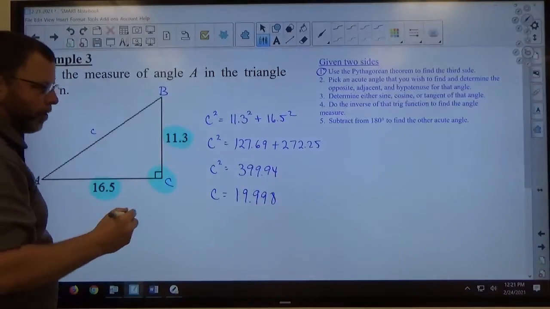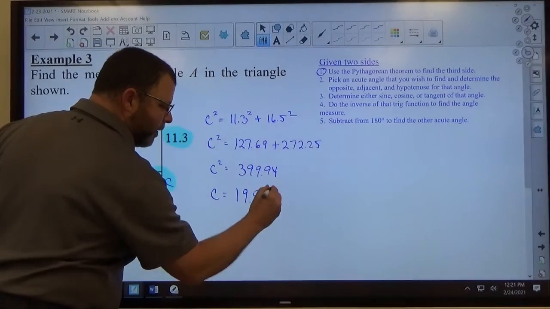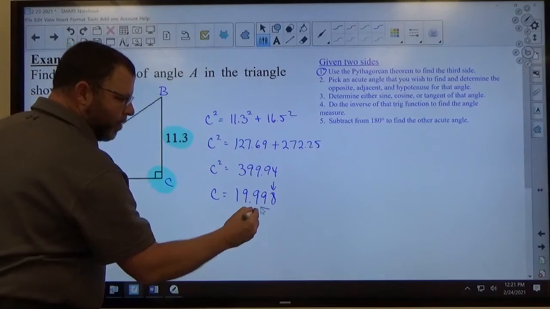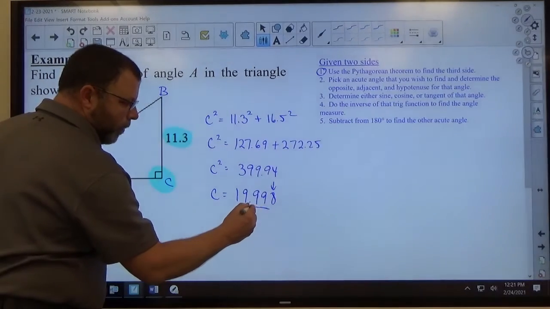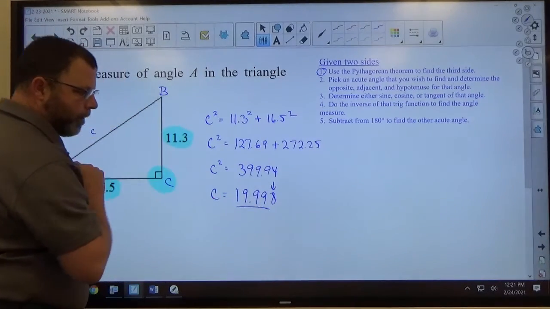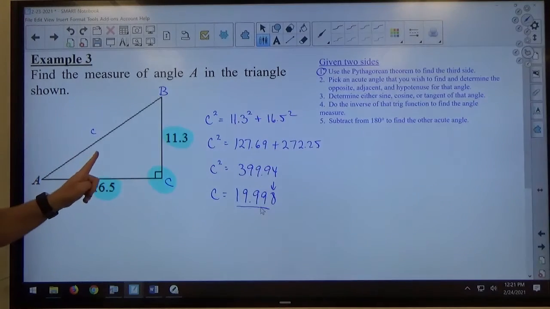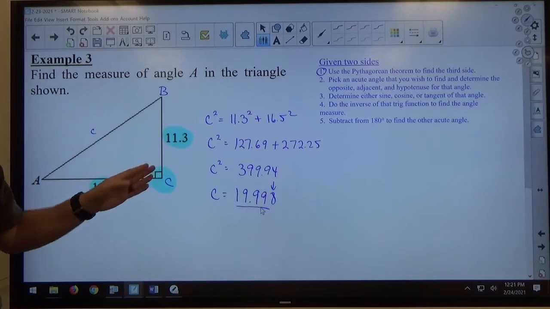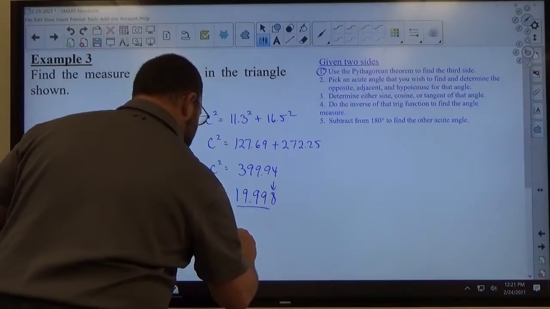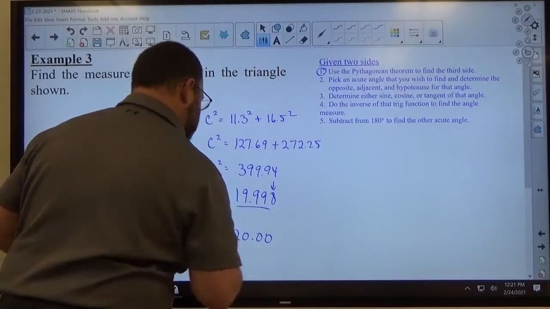If I'm rounding that to 2 decimal places, this 9, next number is an 8. So I'm going to go until I don't get to a 9. Right there, right? So that 1 becomes a 2, all the 9s become zeros, and the decimal point stays where it was. So C equals 20.00.